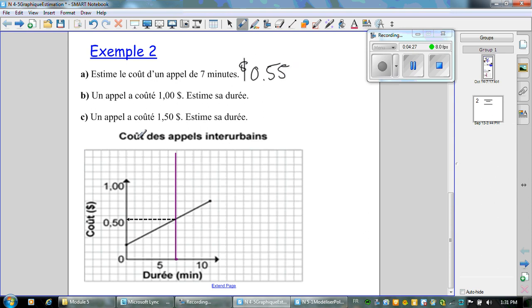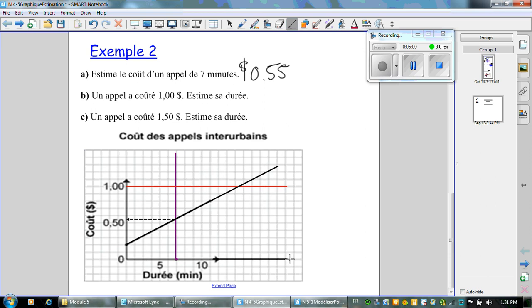55 cents. Now it says $1. If it costs me $1, this is where $1 is. So my graph is not reaching there, so I need to extend my graph. I'm going to extend it so that it intersects with my line there. There we go. So that's the point of intersection.